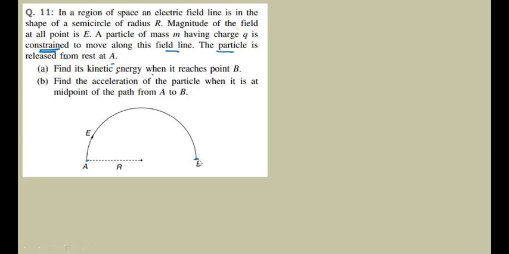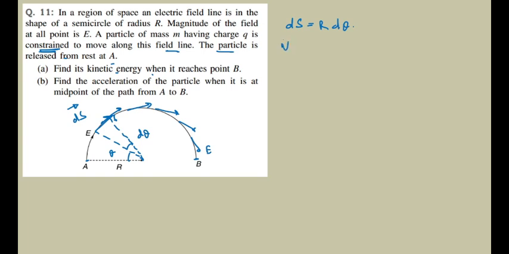So now you check here. At every point, if I draw the tangent, it will give the direction of the electric field. And as the charged particle is moving, if I take an elemental displacement here, suppose at an angle theta, this is d theta. So this is the direction of displacement, ds vector. So ds is equal to, can I write, r d theta?